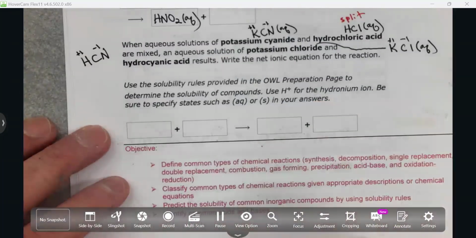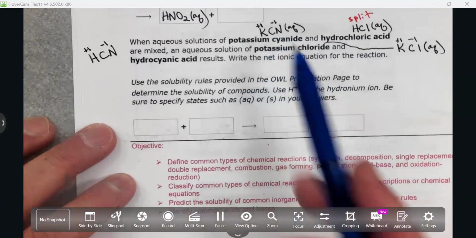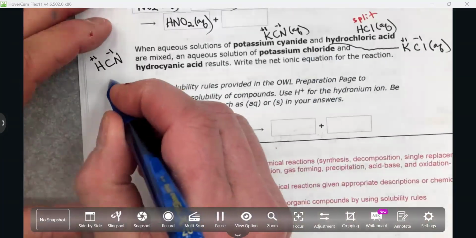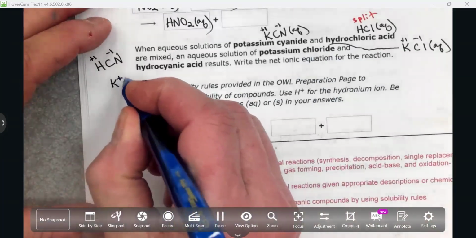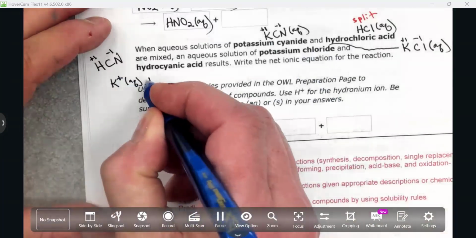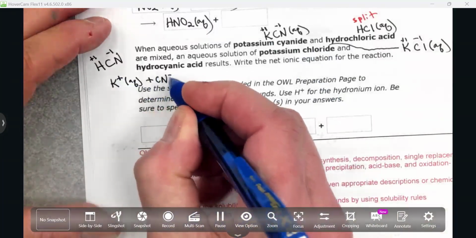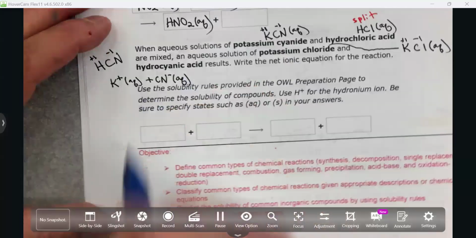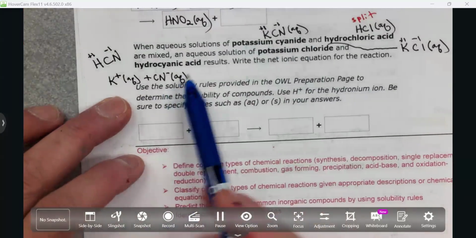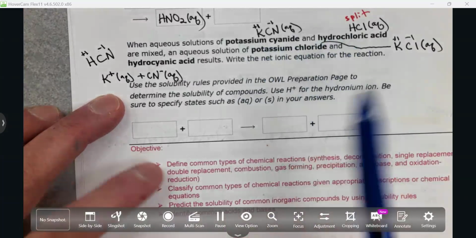Okay, so we have KCN. Let's split it up right away. So this is going to be K plus aqueous plus CN minus aqueous, hydrochloric acid.